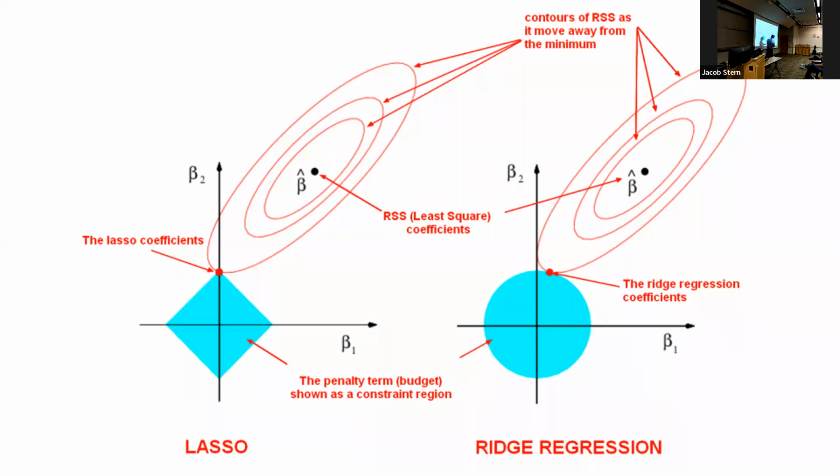They have some interesting properties. L2 regularization is called ridge regression, and L1 regularization is called lasso regression. We were talking about how the total loss is the sum of our normal loss function plus our regularization.